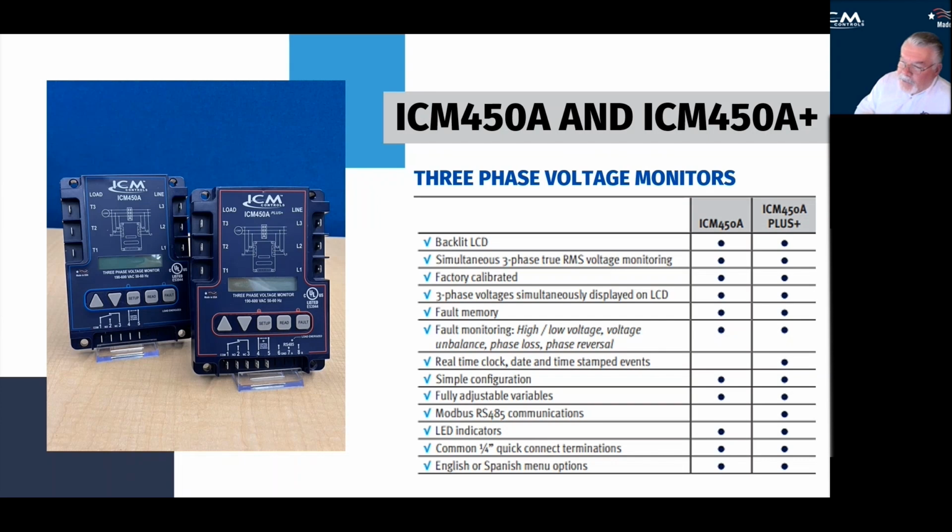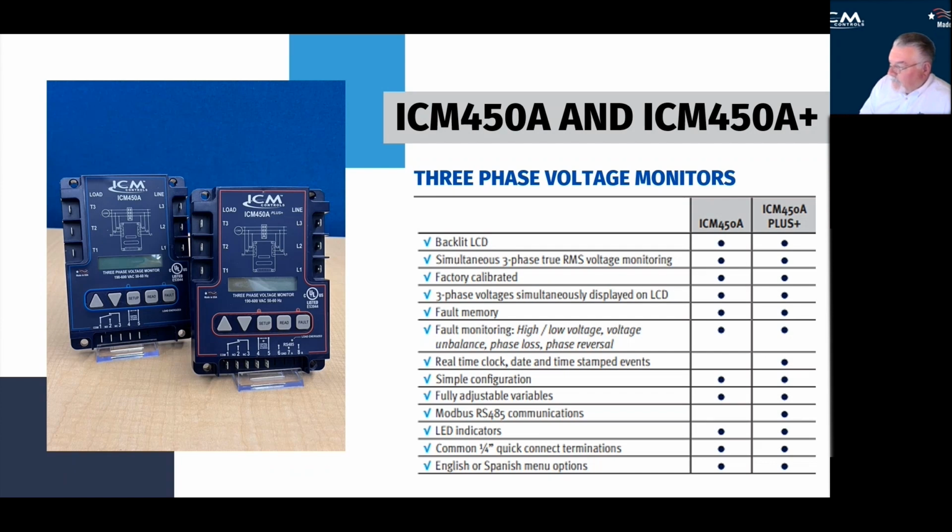All three legs are displayed on the monitor at the same time, so you can see the actual voltage for each leg. It has 50 fault memory, with fault monitoring for high voltage, low voltage, unbalanced phase loss, and phase reversal, which can be devastating to equipment, especially unbalanced phase loss. Phase reversal can take stuff out in a hurry.